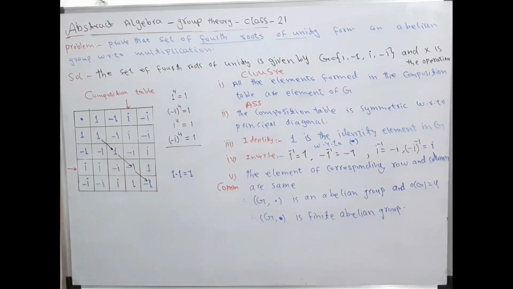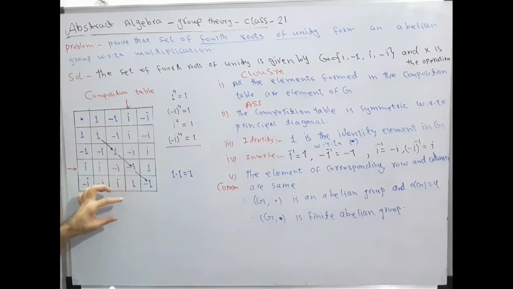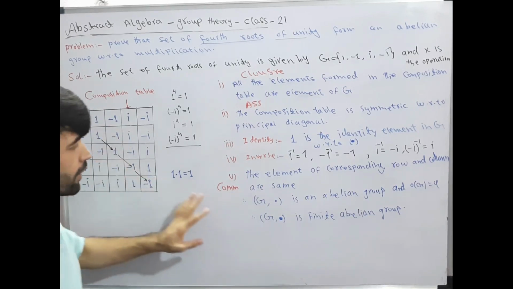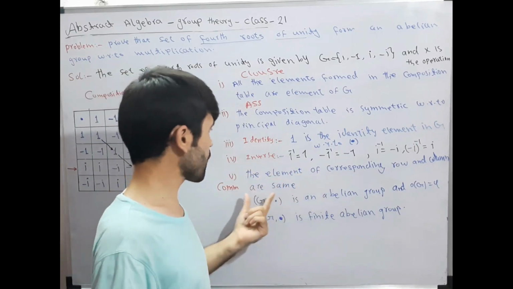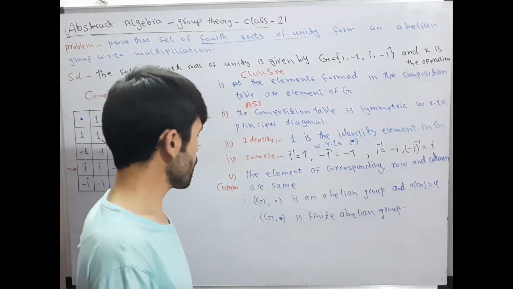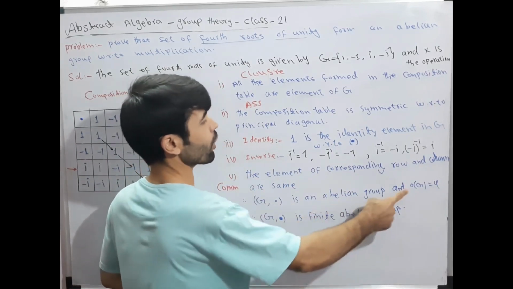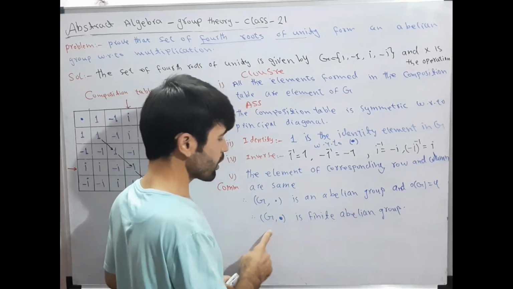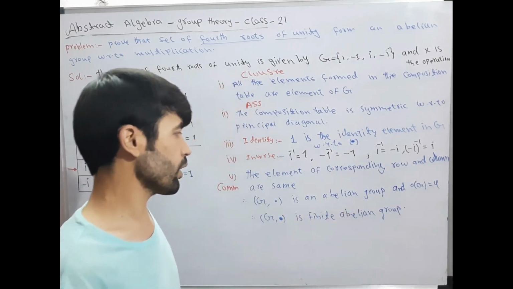They have the same elements. Therefore, this composition table satisfies the commutative law. Therefore, G with respect to multiplication is an abelian group and the order of G is 4. Therefore, G with respect to multiplication is a finite abelian group.